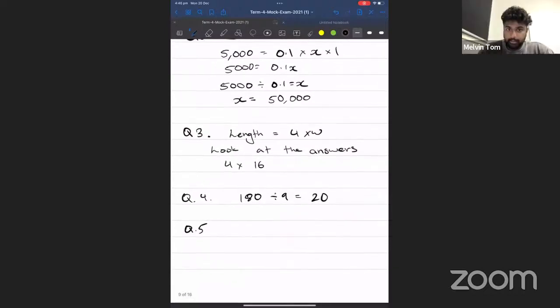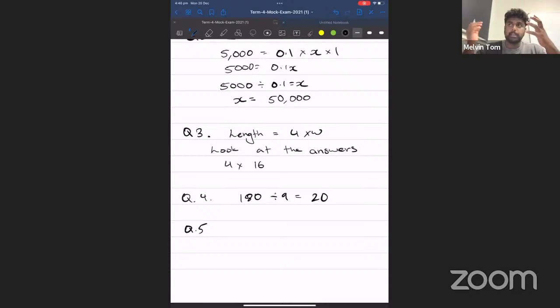Question number 5, we have 2 pumps. So pump number 1, it fills in 4 hours. Pump number 2 fills in 6 hours. Now, if you were to imagine the speed it fills things up, let's just imagine a full container is 100%, because we don't know exactly how many liters there are.